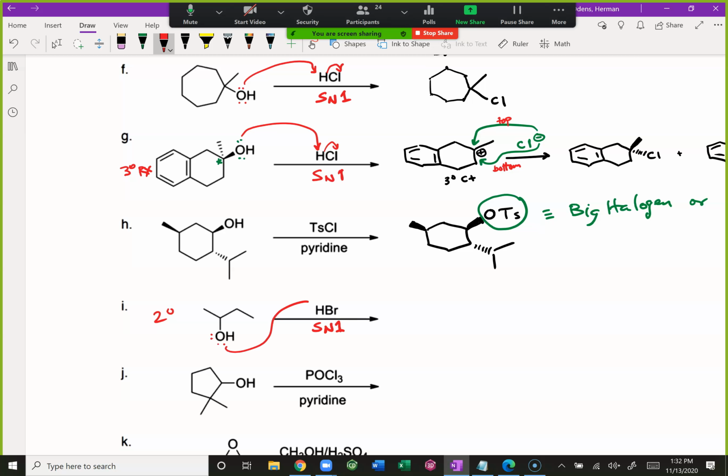The oxygen grabs the H, kicks out the bromine, and then water leaves, and then you made this secondary carbocation, which is the best you can do here. You can only do secondaries and primaries. And then the bromine is angry, back with a vengeance, and kicks in.